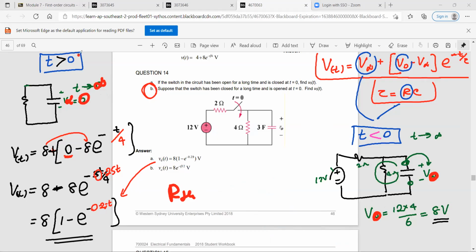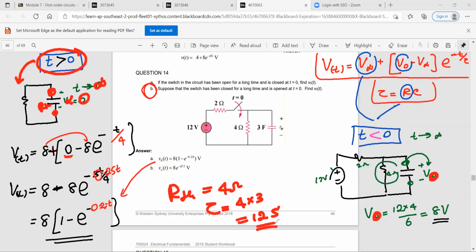You always need to look at the circuit when the time is more than 0. So when this is open, what is your RTH? It is just 4. So your tau is 4 times 3, which is 12 seconds. Now you substitute in the equation.